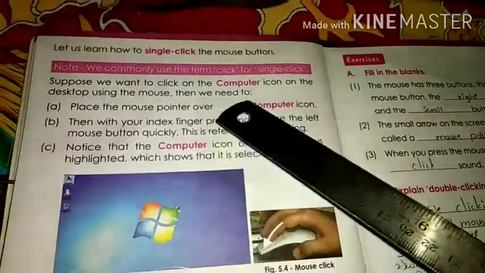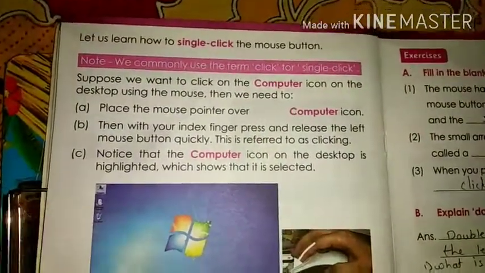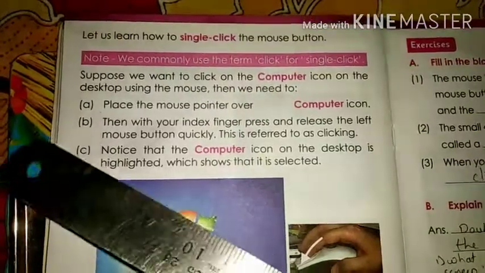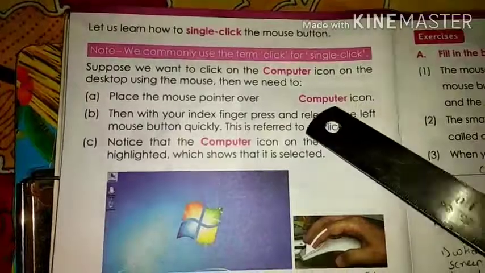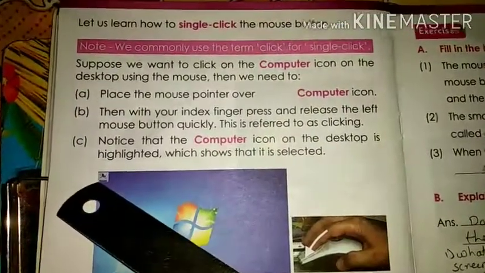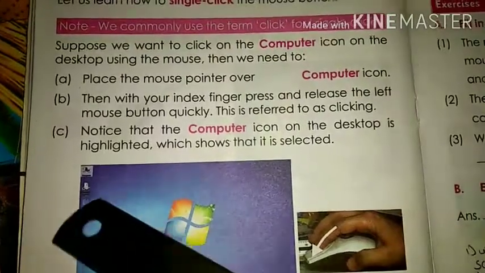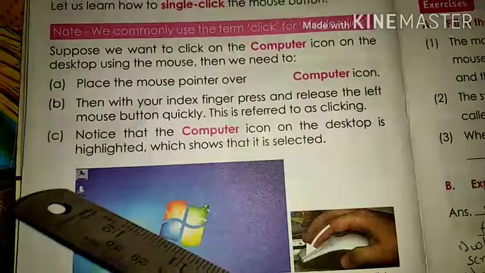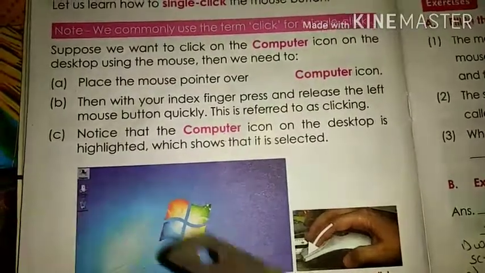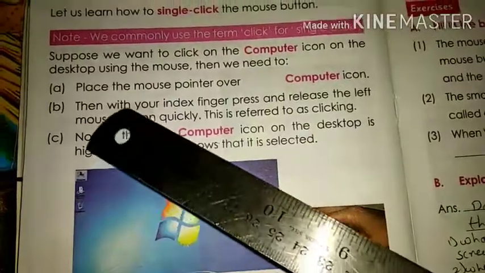Let's learn how to select an icon with the help of the mouse. Place the mouse pointer over a computer icon. Here you can see a small computer. So you need to take your mouse to this icon. To take the mouse towards the computer icon, you need to move your mouse with your hand.